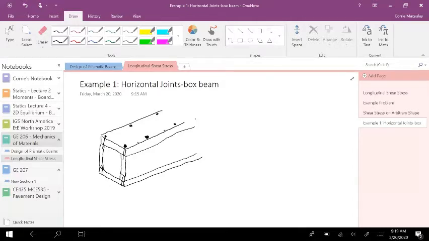So we have this box beam, and let me put some dimensions on here. Let's just call this spacing S for now, between the nails. And we have 20 millimeter planks and 80 millimeter on the wall, and 20 millimeter on the plank at the bottom.